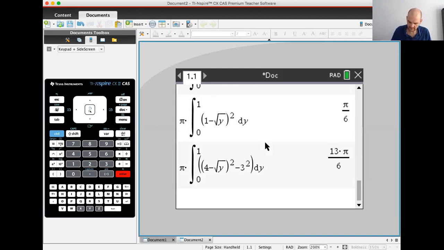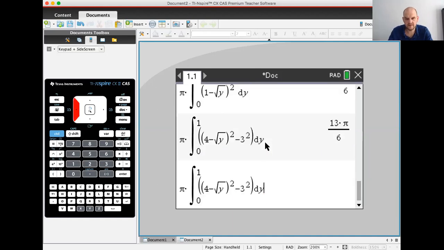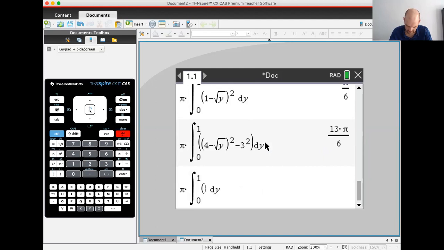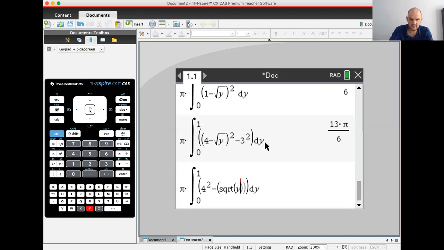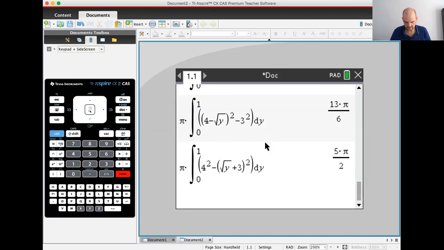Get 13 pi over 6, bigger, intuitively bigger? No idea. And then this one, I think I'm going to delete everything. And then just 4 squared minus quantity, square root of y plus 3 squared, 5 pi over 2.